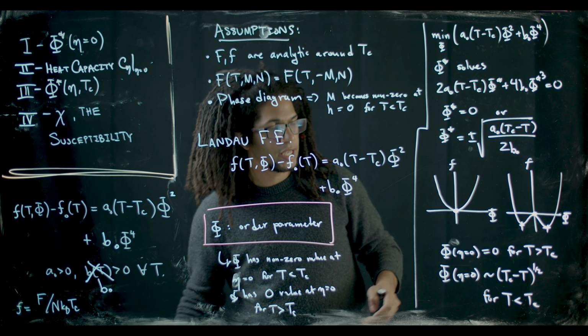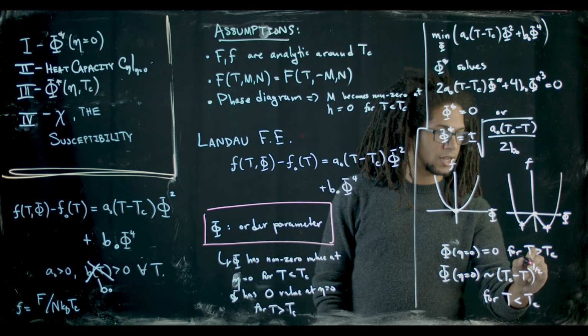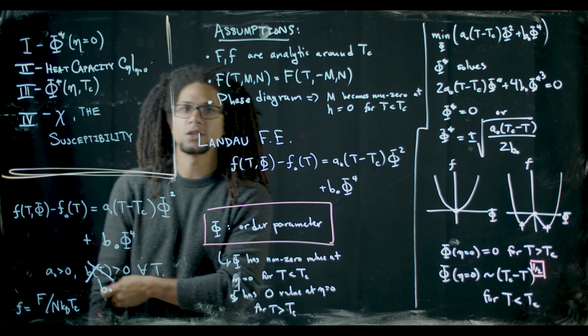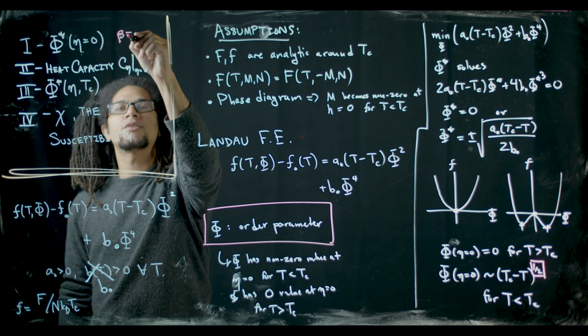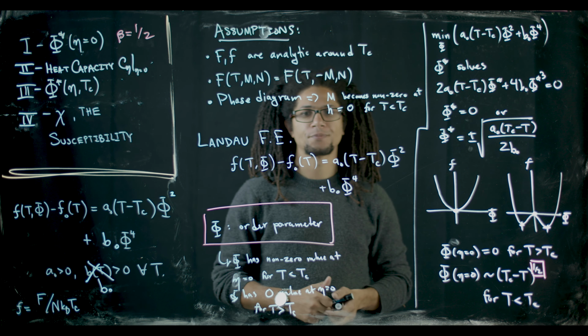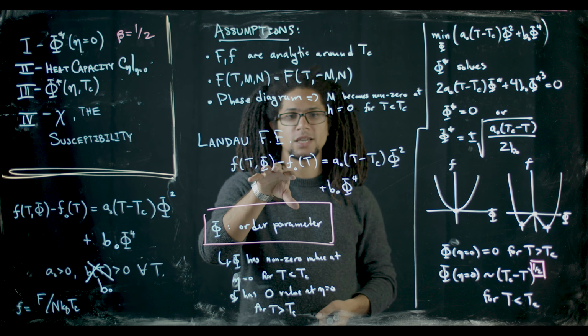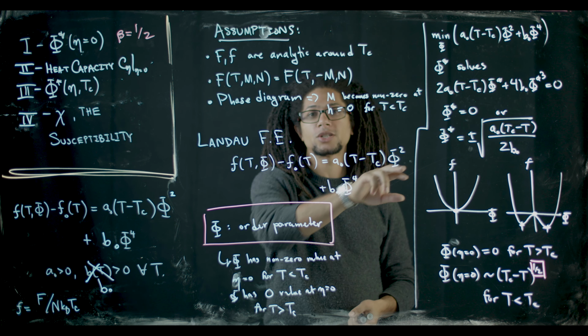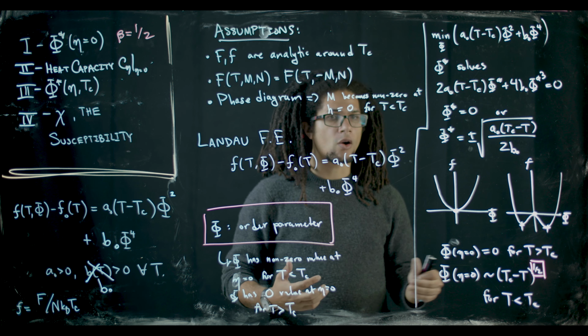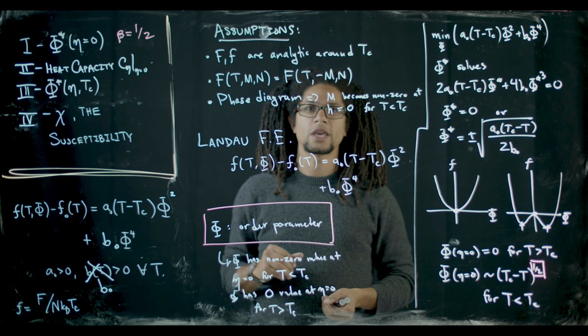And this exponent is important. So I'm going to mark it down here in red and give it a name. This exponent is usually called in the literature beta. So we've just found that beta is equal to 1/2 for this Landau free energy with this symmetry. So notice that the symmetry that allowed us to neglect the odd terms is actually important here. It's coming into play. All right, I'm going to erase the board and we can start looking at our next quantity.